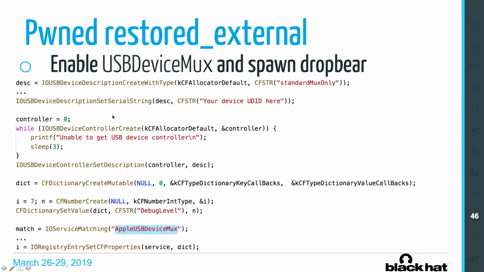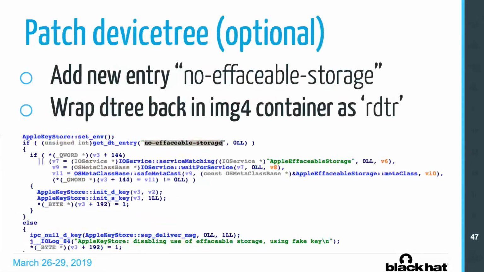The idea is to calculate the UDID of the device and set it as a serial for the USB device description. Finally, create the USB device controller and set the debug level in one of the services at 7. I don't want to really focus on it because there is a source available and there is a link at the end of the presentation if you want to know really how it works. The idea is to set up the USB and spawn the Dropbear, the SSH station.